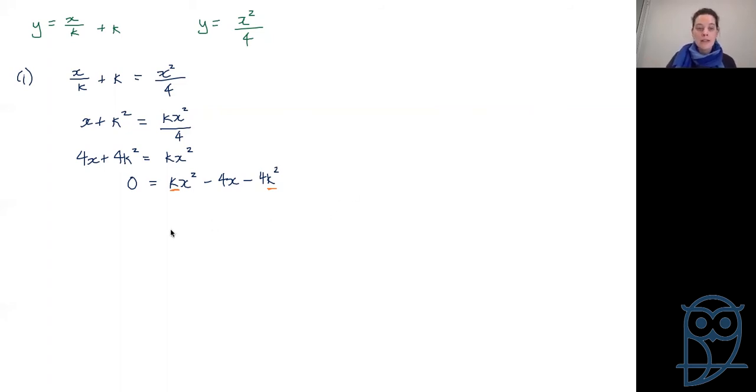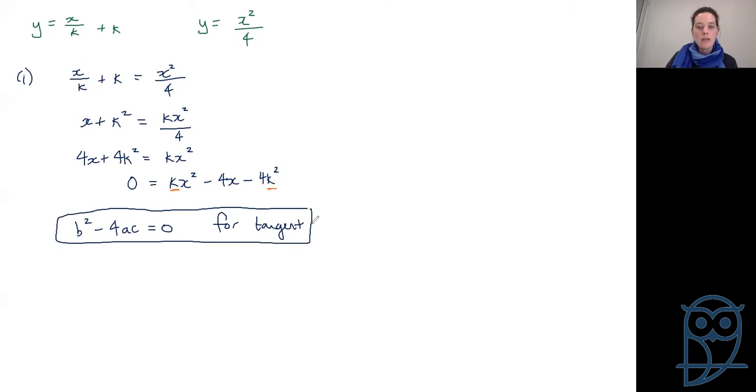So we're told there's a tangent, so therefore we know that b squared minus 4ac equals 0 for a tangent. So we can work off this piece of information. Remember when you use a discriminant, there's no x's and there's no y's in there. There is only coefficients.